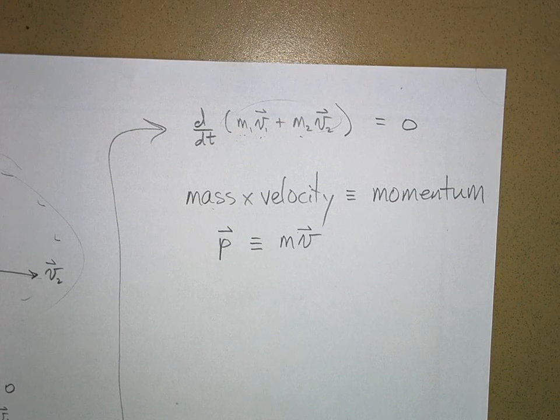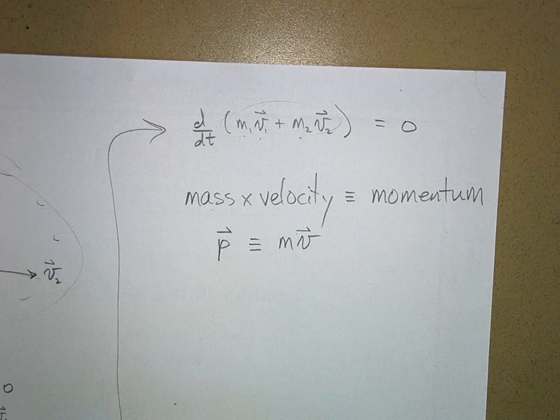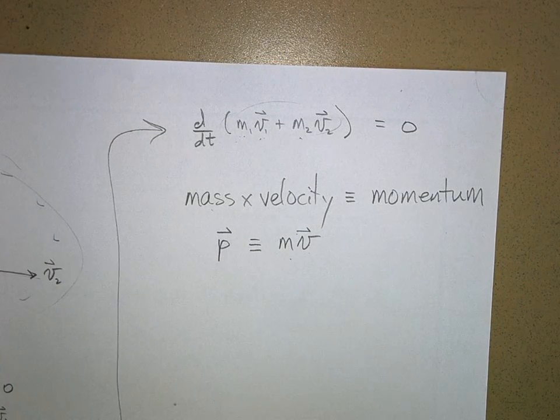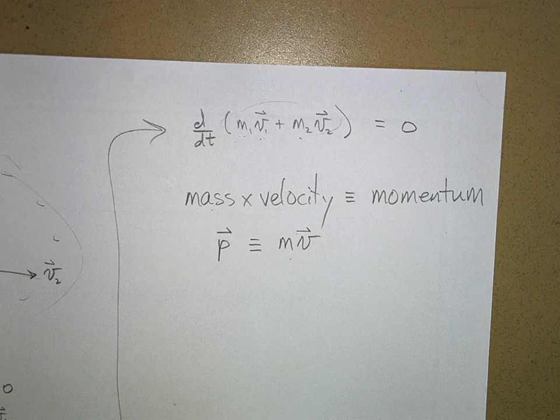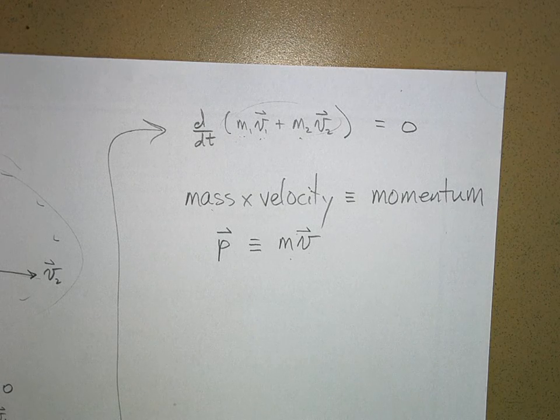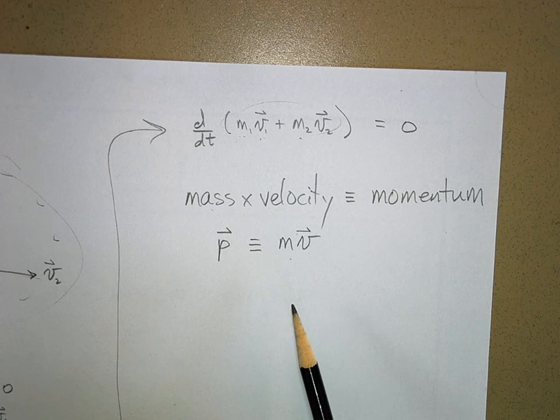Now, what about the units for momentum? Kilograms, meters per second. We just leave them like that. Remember we said mass times acceleration defined force, kilograms meters per second squared? We called that a Newton. Well, we don't have a unit for momentum, and I don't know why.